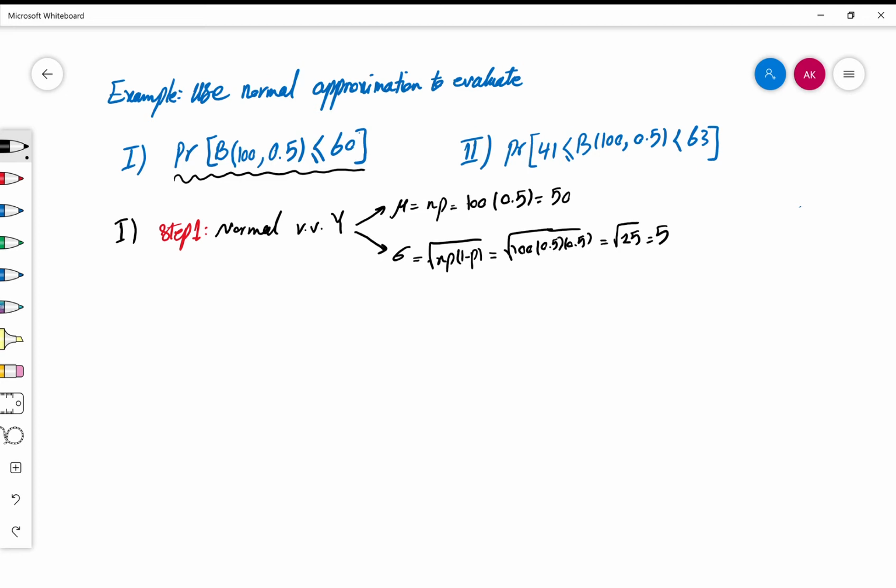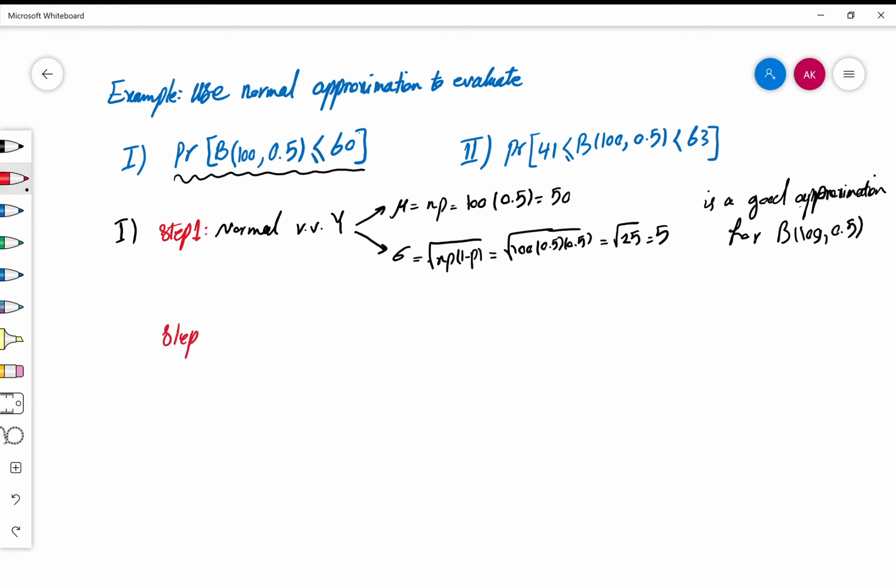This Y is a good approximation for B(100, 0.5). Yes, that's step one.